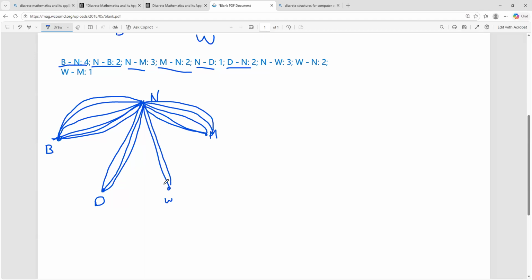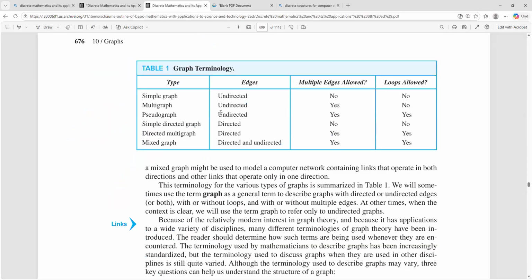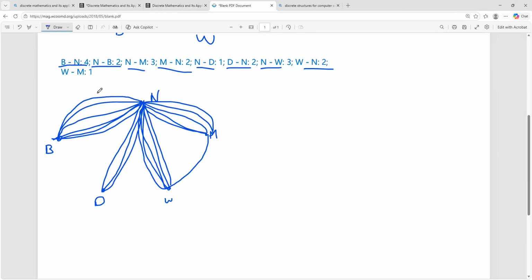Bingo. It's not gonna look pretty, it looks like a weird person. And Washington to Miami is just one. Okay. This is an example of a multigraph. They have multiple edges between each vertex.